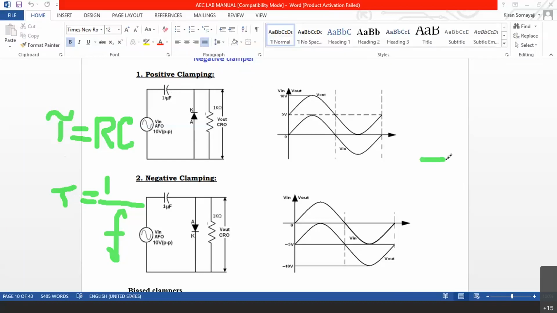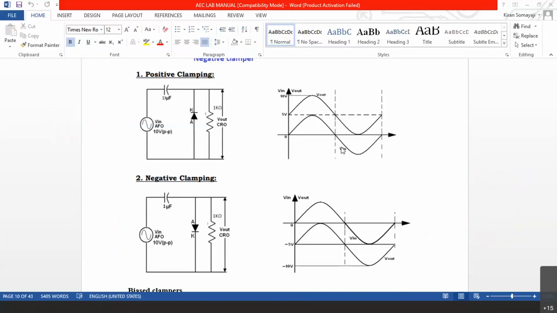So the condition is that T must be much less than tau. I will not write the frequency version, because F and tau are not relevant that way. So remember this.